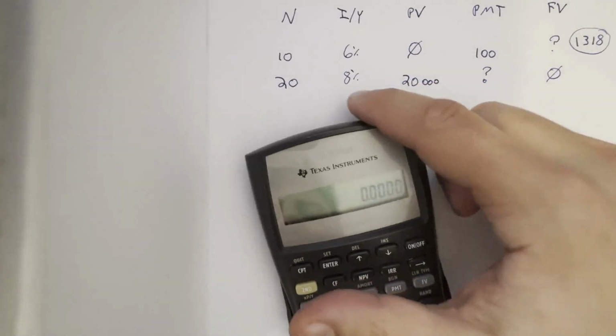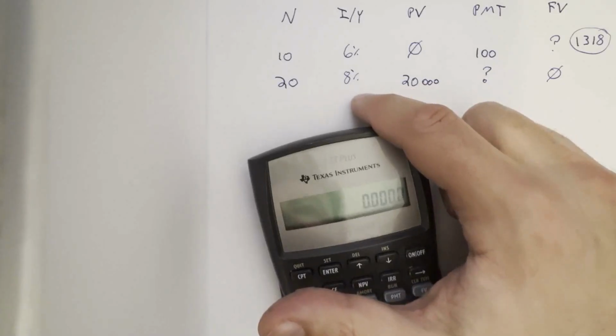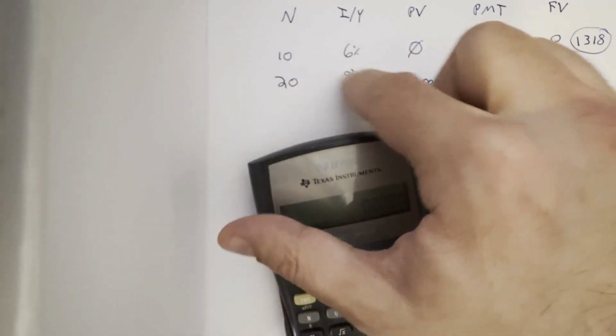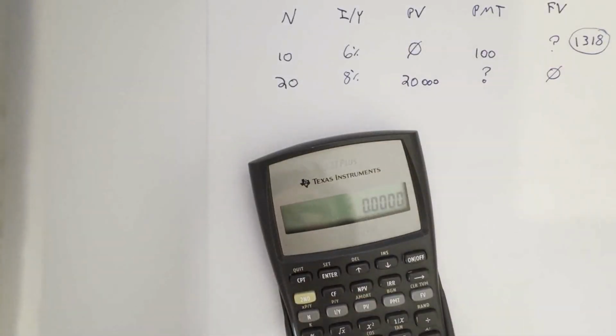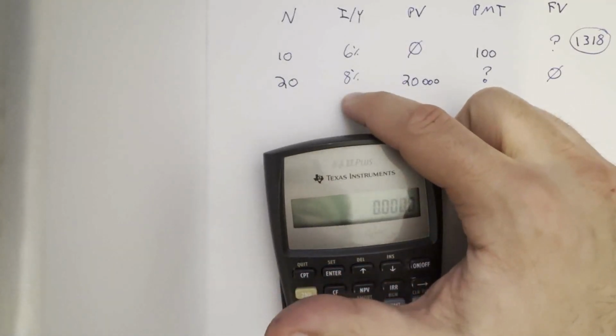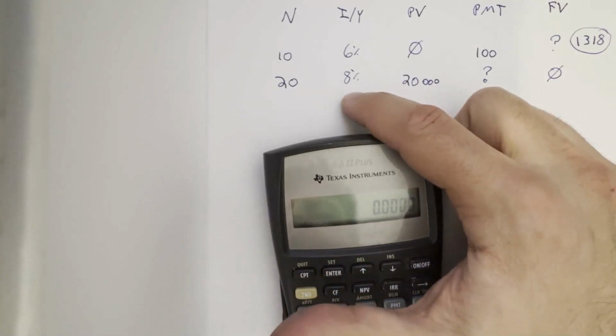If your rate of return is not averaged out at 8% over the 20 years, or the rate of interest is not averaged out to 8% over 20 years, you cannot do one calculation. If you're being charged 7% for a period of 10 years, then 9% for a period of 10 years, you have to do 2 calculations.